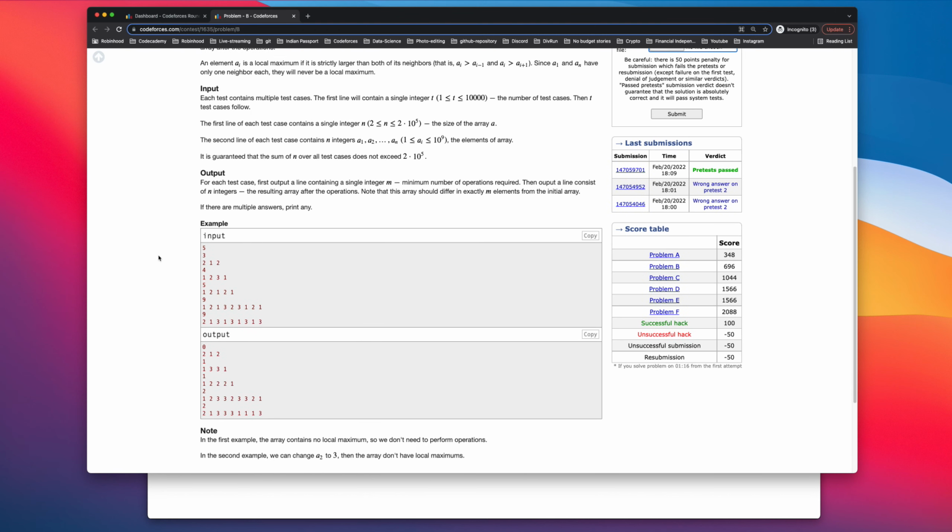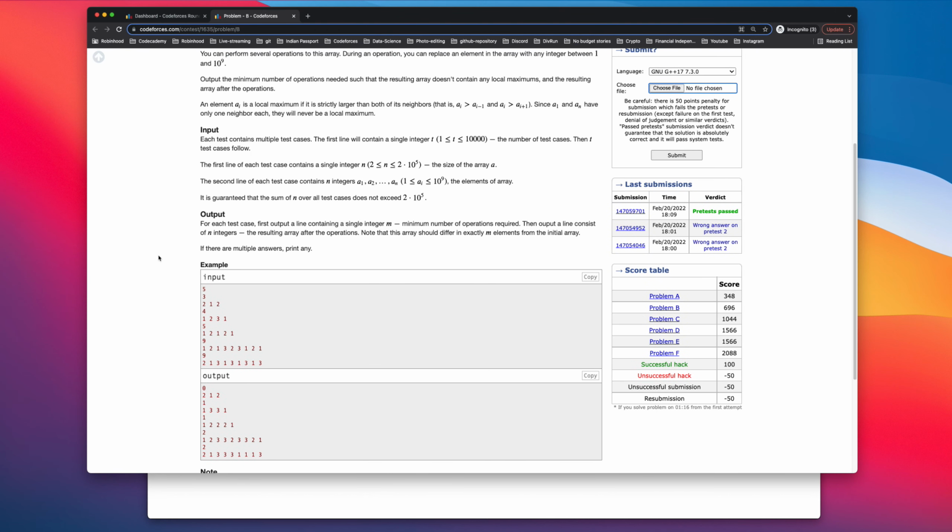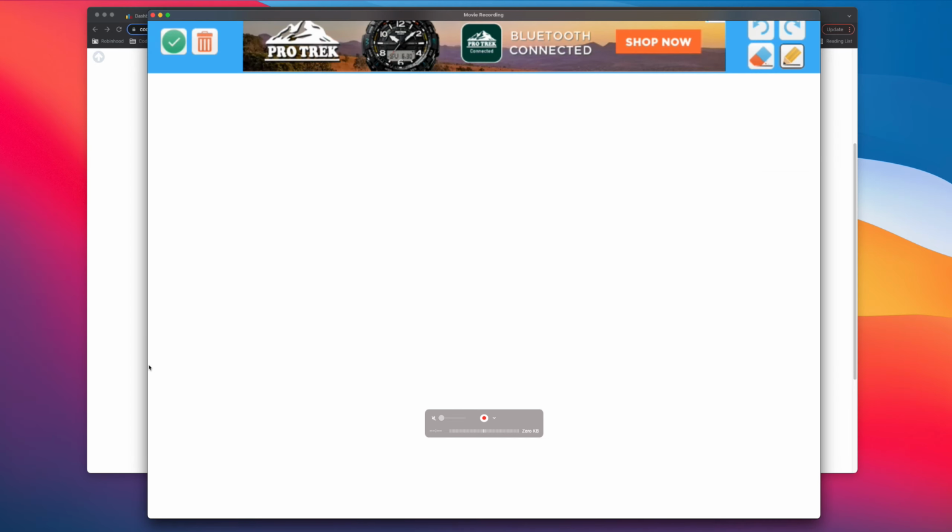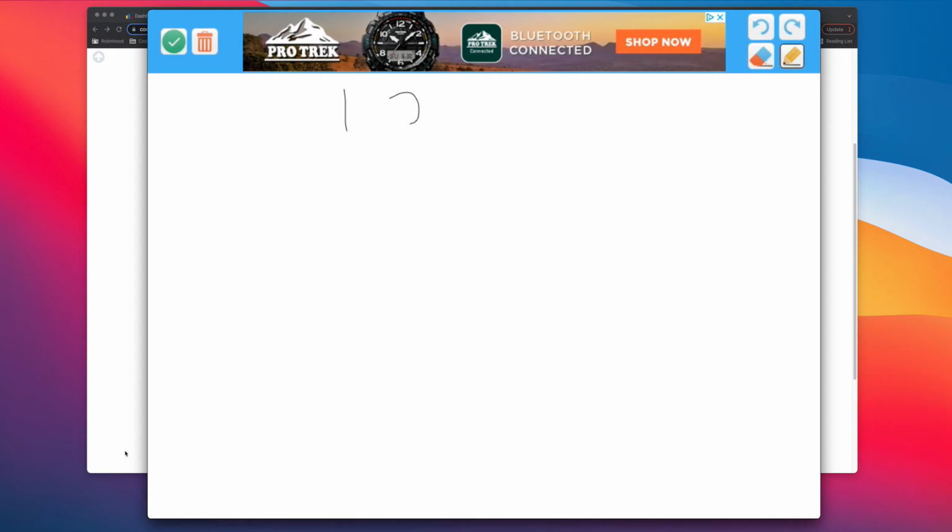This was an interesting problem. The problem states that if I have an array 1 2 1 3 1, I need to find local maxima. The local maxima would be this number and this number, because 2 is greater than both its neighbors, and 3 is also greater than both its neighbors.